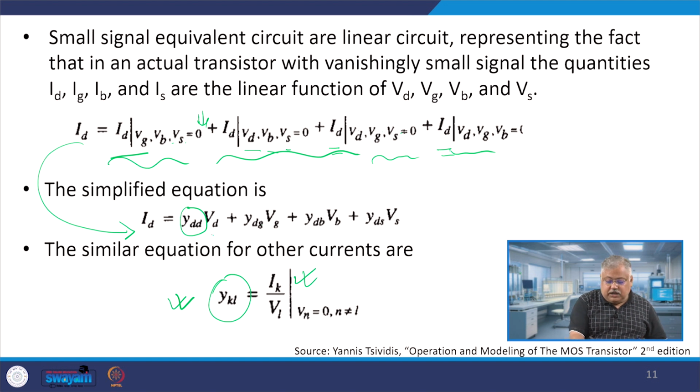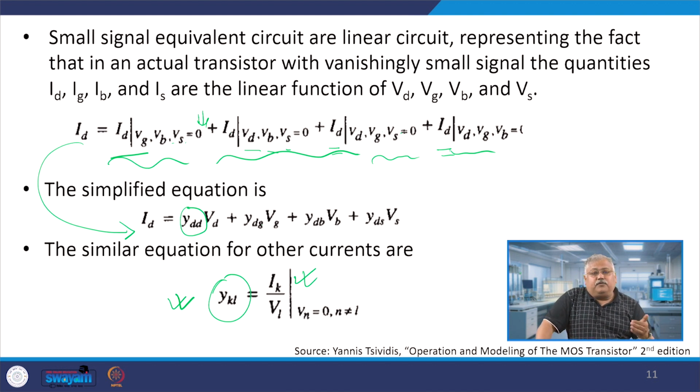When you add all these together, I get the value of ID. And so, the principle of superposition is applicable in this case for extracting the value of the drain current, right. Similar equations hold for other currents, and the generalized equation is YKL equals IK by VL, where all the other terminal potentials are 0, and this is the value of your Y parameter.